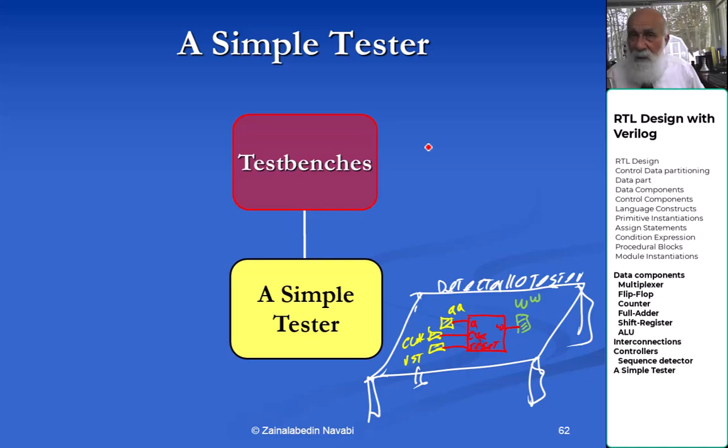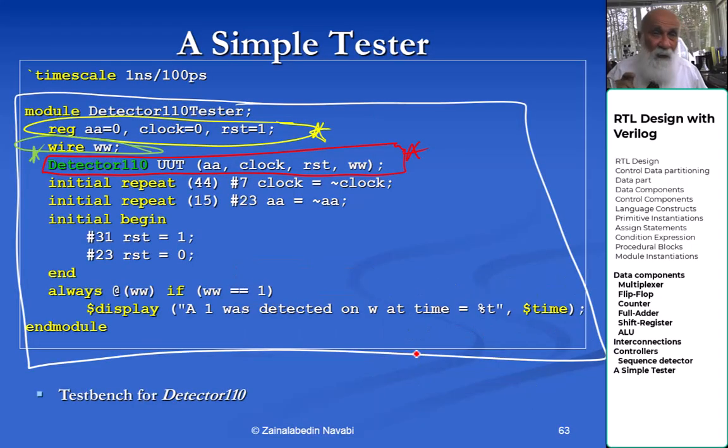Now you have to apply data to your A, to your CLK, to your reset. I use initial statements for doing that. An initial statement is a procedural statement within which you can have procedural statements, like wait, like repeat, like if, like loop, like case, and so on.